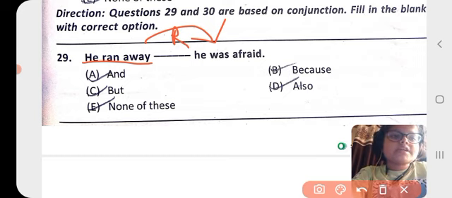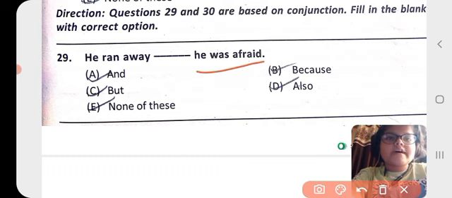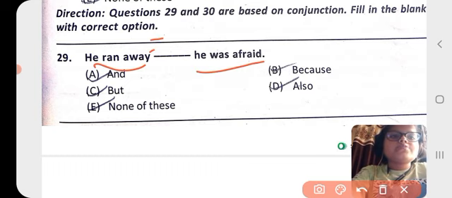In this kind of sentence, if the statements have equal value, we use coordinating conjunctions. The coordinating conjunctions here are only but, and we use subordinating conjunctions.